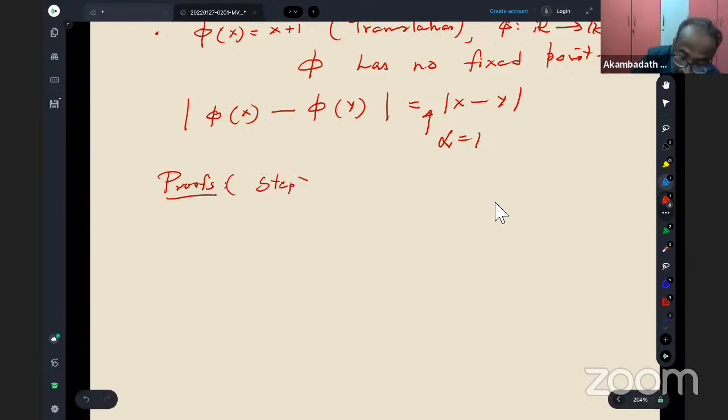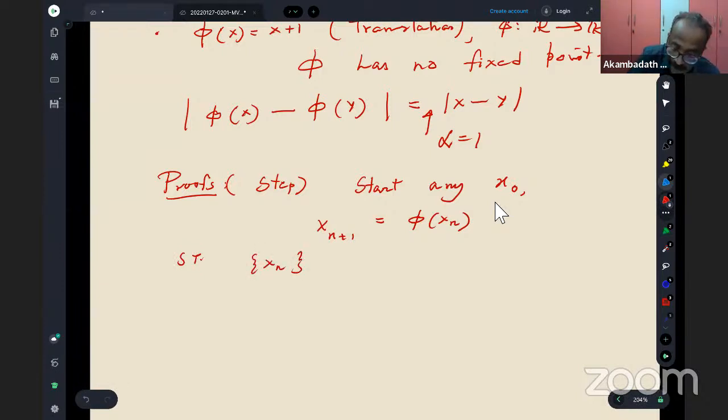So the steps: start with any x naught, and define your x n plus 1. The iteration is nothing but phi of x n. Show that x n is Cauchy.